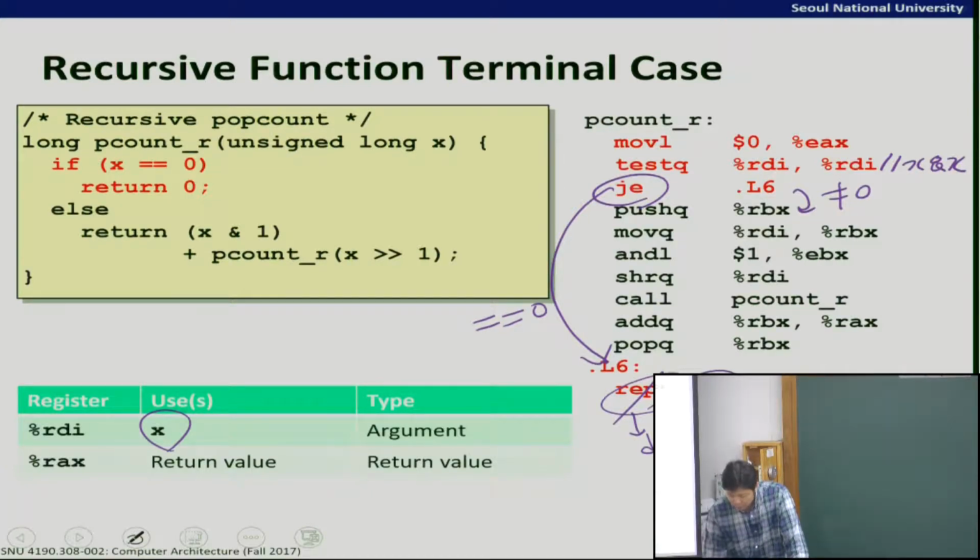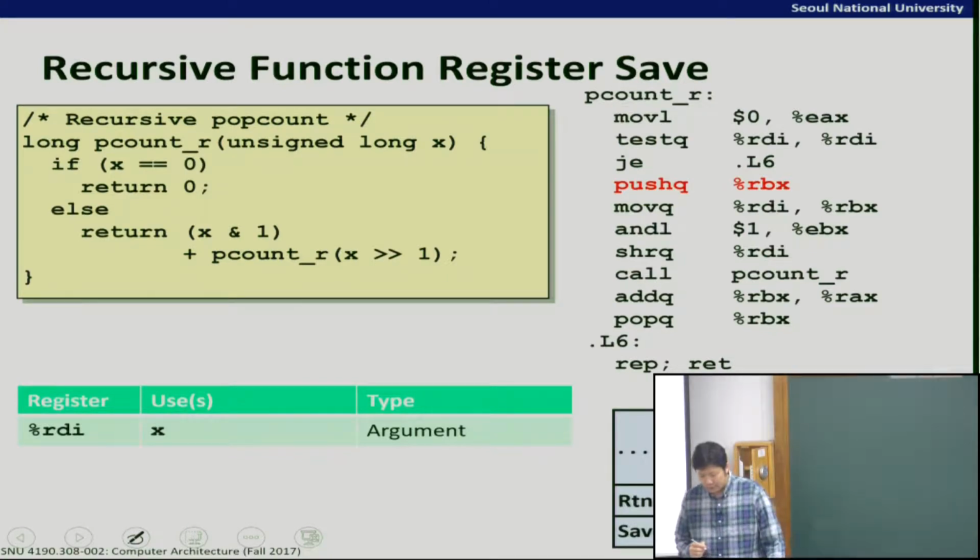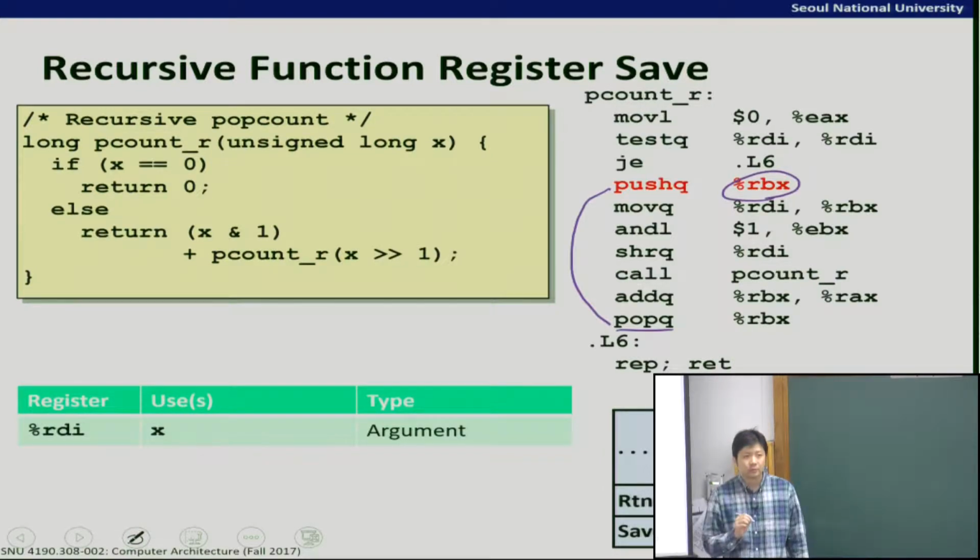So let's move on to the body of the function. In this case, what it does is it first pushes the value of RBX. And this one is actually paired with the pop here, right?